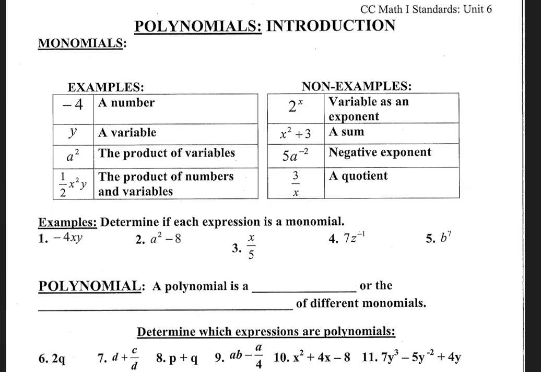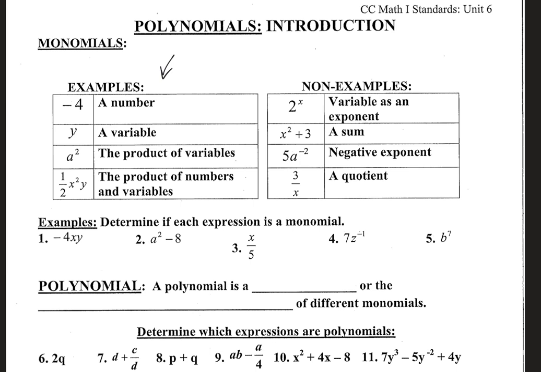A brief review over monomials. Think about it again. Mono means one term. All of these in this left-hand column are monomials. A number, a variable, a product of numbers, or a product of all of them.